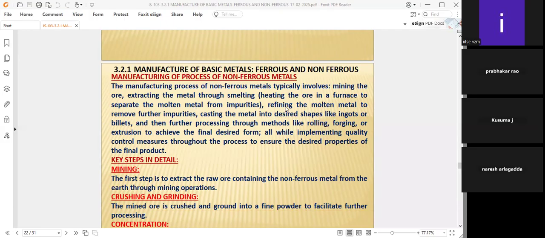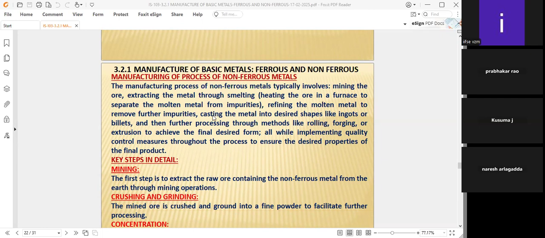And then refining the molten metal to remove further impurities, and again casting, like molding. Tomorrow we will discuss the foundry also, before going to the steel industry. After the further impurities are removed in the refinery, the metal can go to casting.